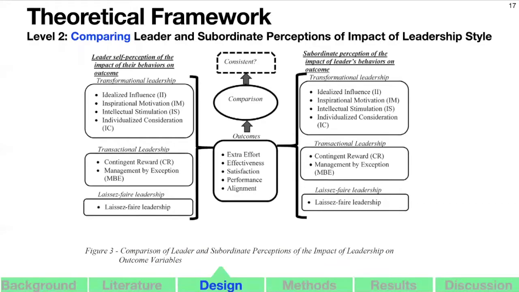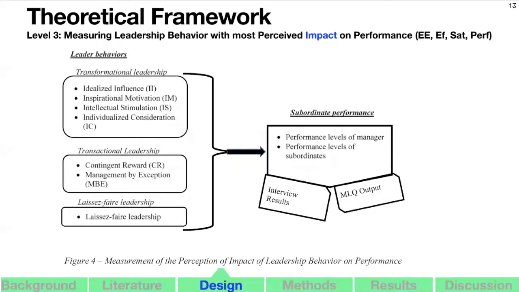The second level compared the perceptions of the impact of leadership style on the performance variables, to see if subordinates and leaders differed in their perceptions of that impact.